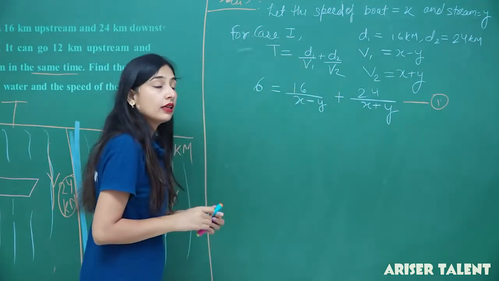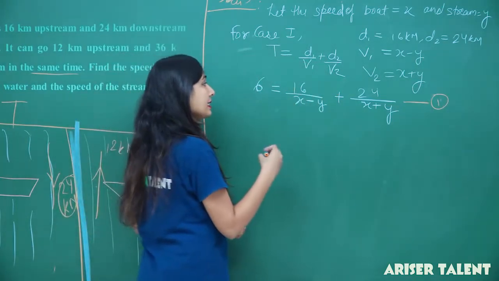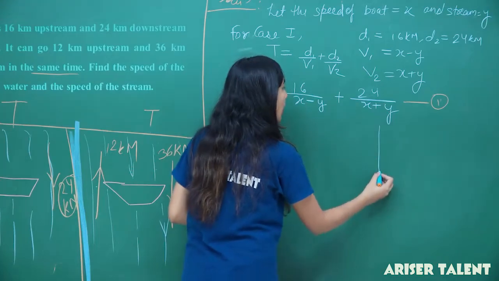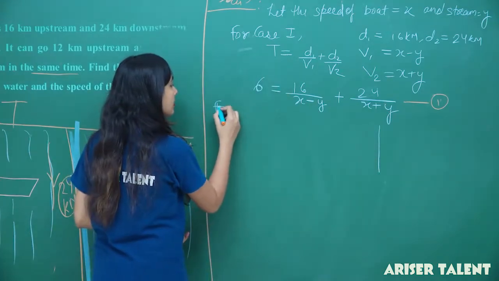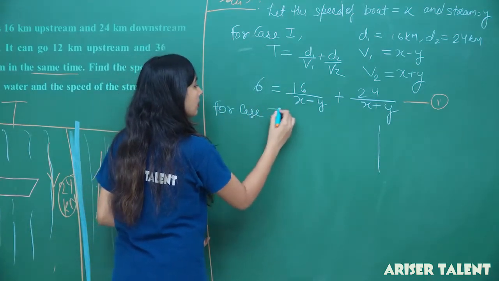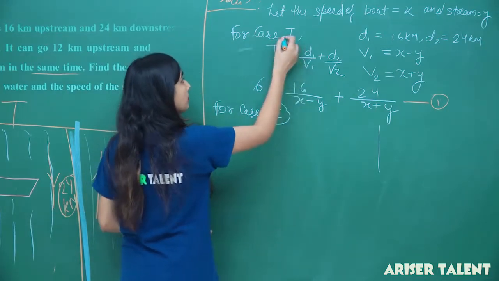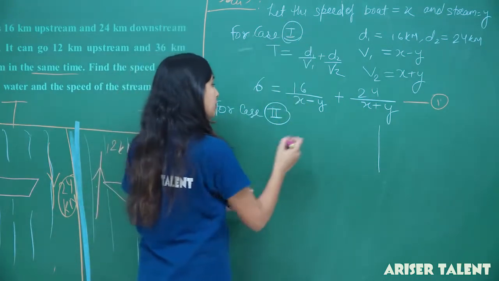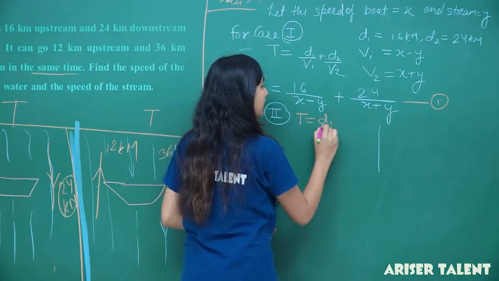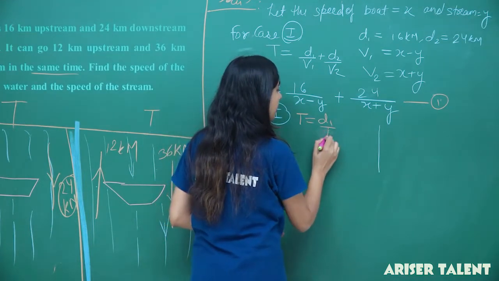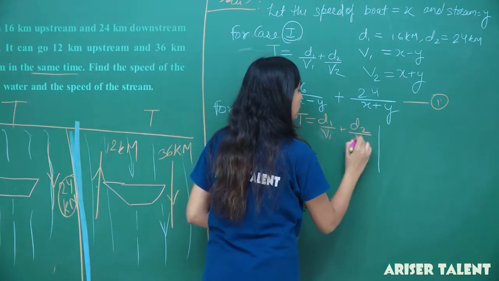The second thing. Second thing is what? Again same things are happening. Now in this case, for case 2, this was for case 1, again t equals d1 by v1 plus d2 by v2.